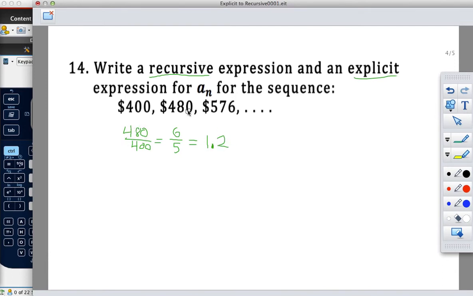Let's make sure that it is geometric and see if I take the next two terms, so 576 divided by 480, am I still going to get 1.2?